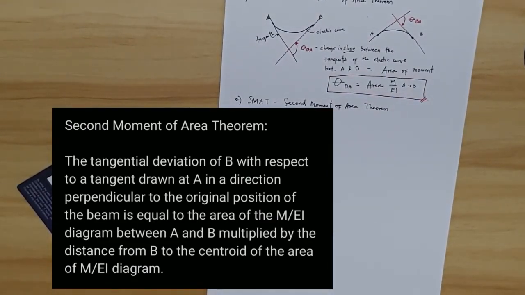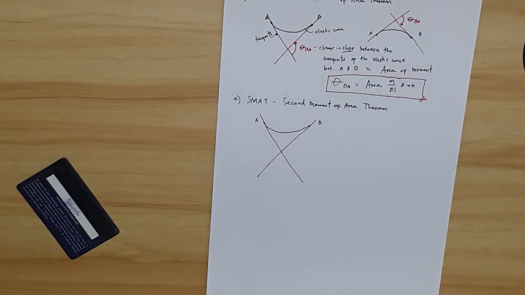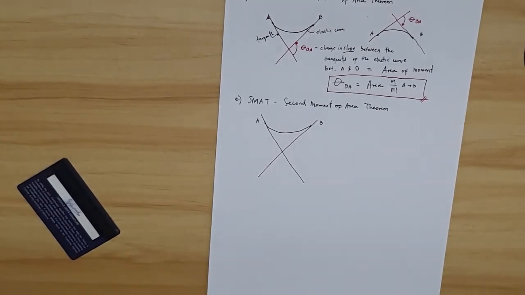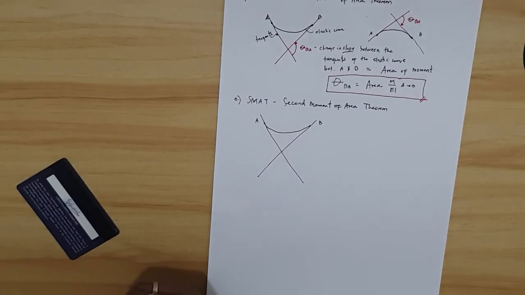Here, the second moment area theorem states that the tangential deviation of B with respect to the tangent at A in a direction perpendicular to the original position of the beam is equal to the area of the M/EI diagram between A and B multiplied by the distance from B to the centroid of the area of M/EI. It is a bit confusing, but if we illustrate it, it will be clearer, right?